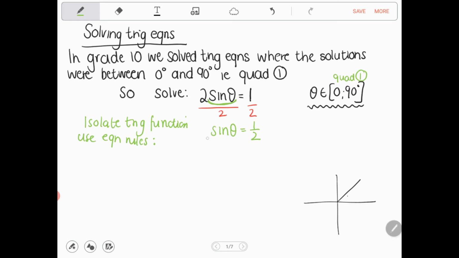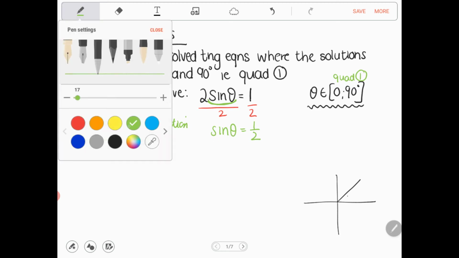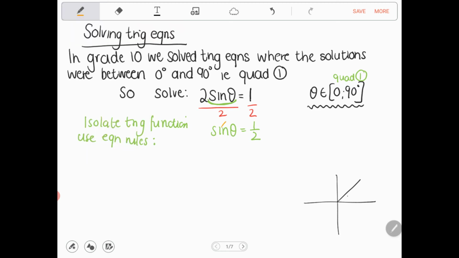After the trig function was isolated, we then tried to get rid of the sine, and we did the inverse, which would be arc sine. So we move this to this side, and we'd end up with theta is equal to arc sine 1/2.